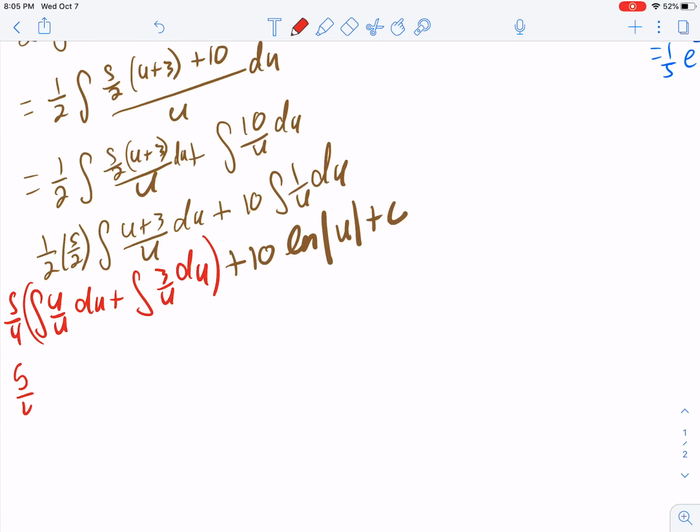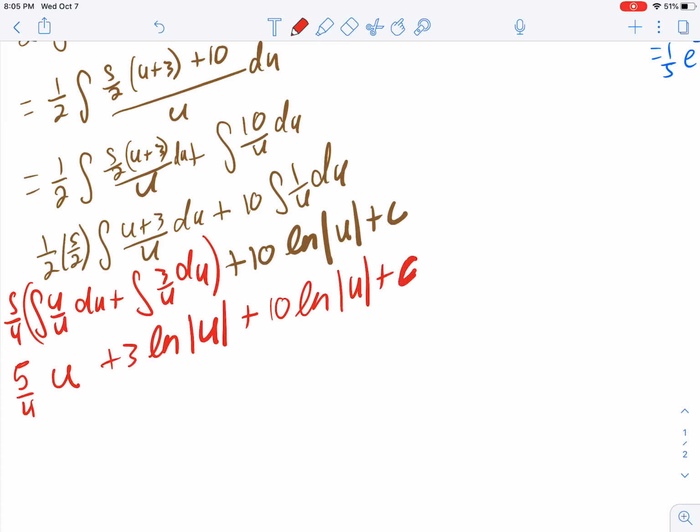5 over 4. Integral of u over u is 1, so the integral of u over u du is just going to be u. I can pull the 3 out here, and I got 1 over u, so this is plus 3 ln of u, plus 10 ln u plus c. Okay?